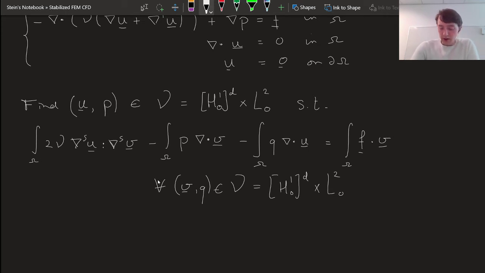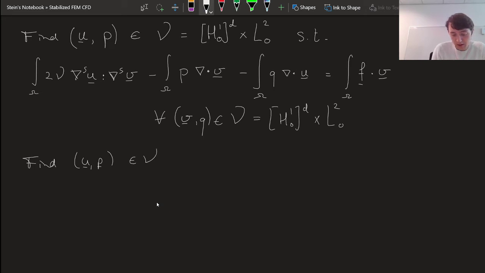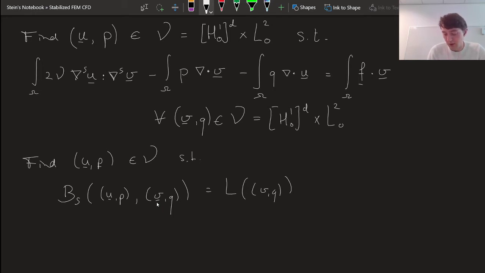A couple of other interesting things to note here: this is a symmetric bilinear form. This is going to be of the form: find u comma p in that space such that the Stokes bilinear form B of u p comma v q is equal to some linear form also involving v q, for all v q in that space.